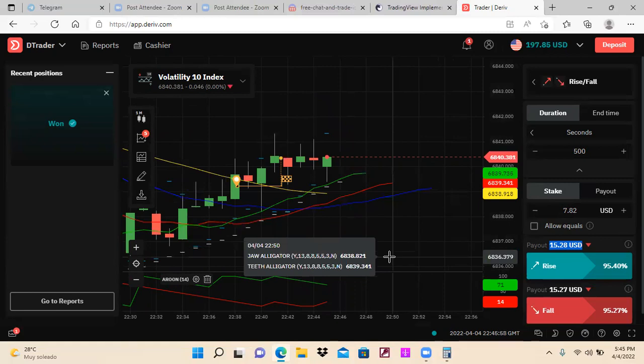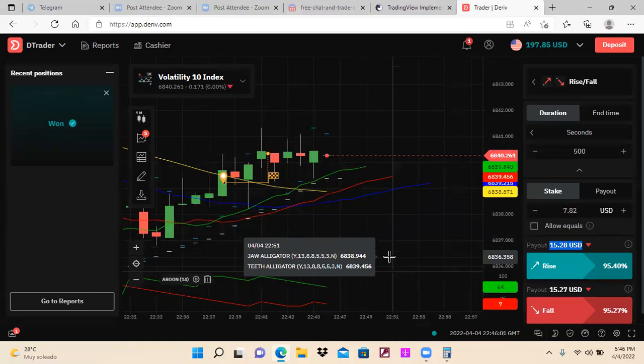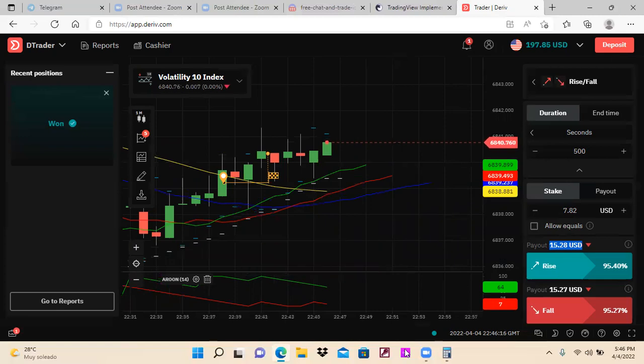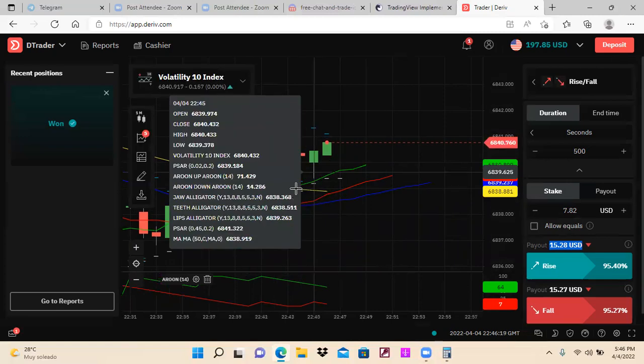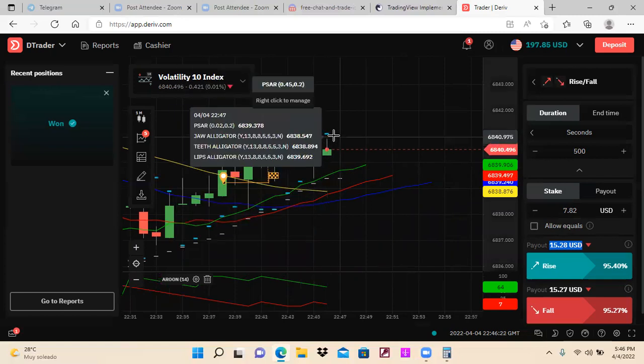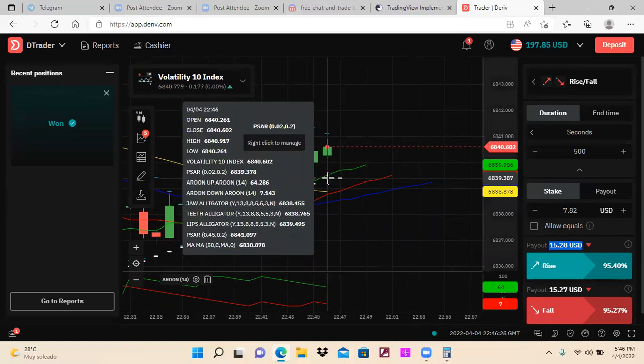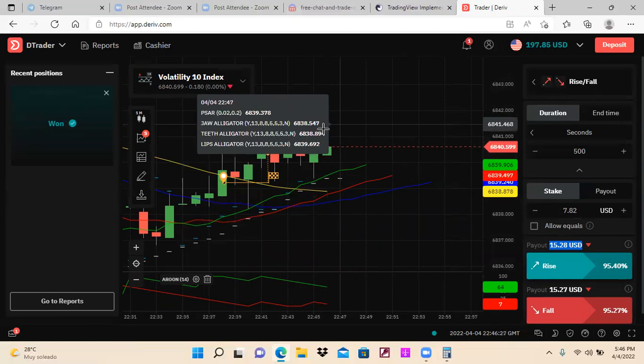So this is how binary trading works. Other persons do it another way, and I will be sharing all of those strategies, but this is just a simple way to grow your account 100% every day. As you can see, these candles are not yet ready to go down, especially because you have one parabolic below, one above.